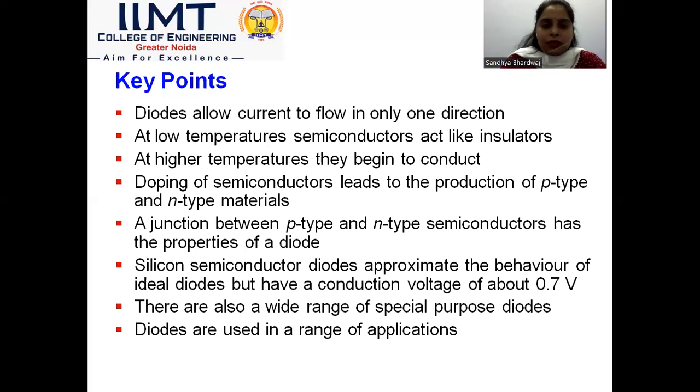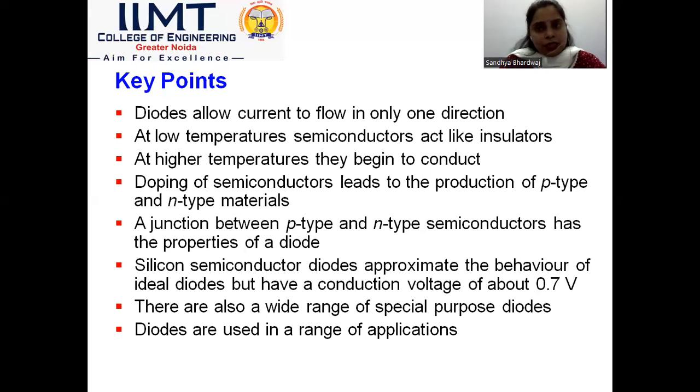So these are also a wide range of special purpose diodes. Diodes are used in many applications. And if we talk about the bipolar junction transistor, FET, and MOSFET, initially we used germanium.